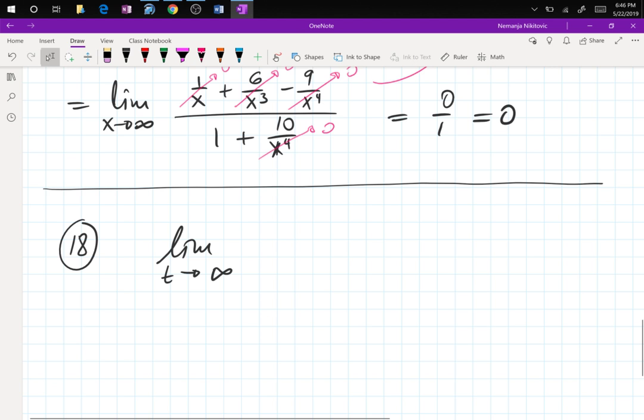All right, so now, problem 18, by popular demand, we're going to do some trig. 5t squared plus t sine t, divided by t squared.